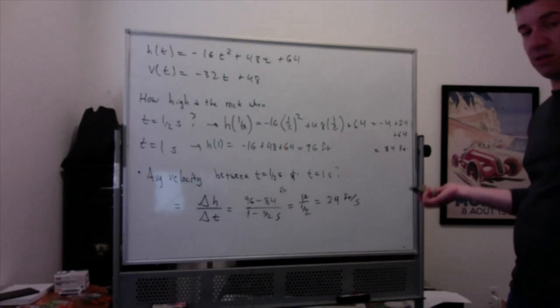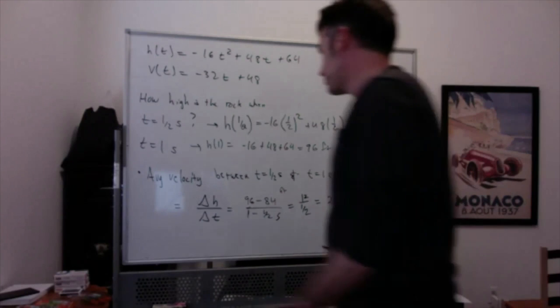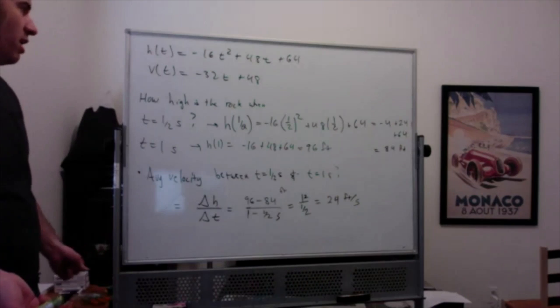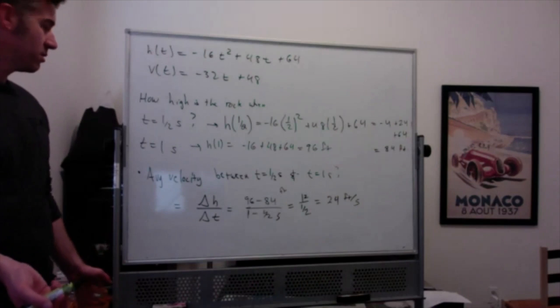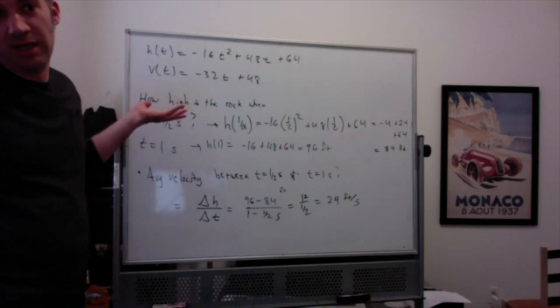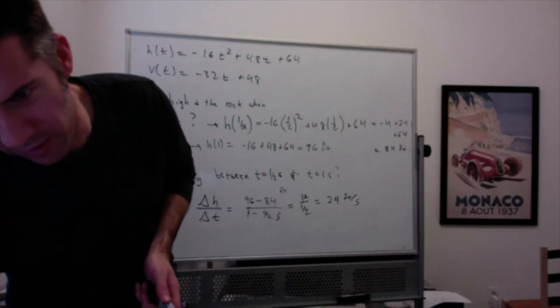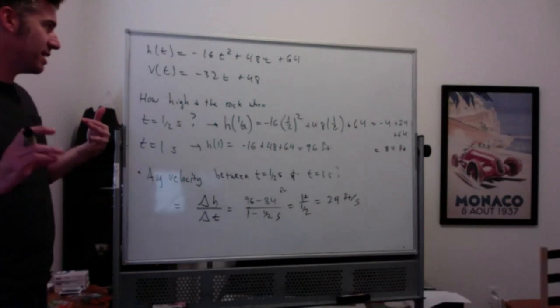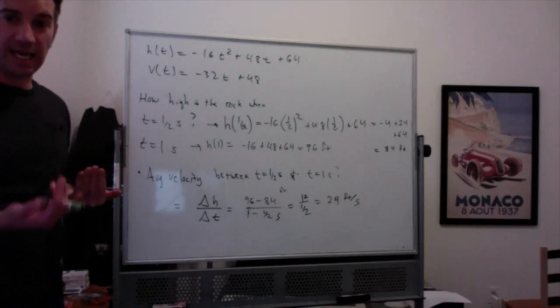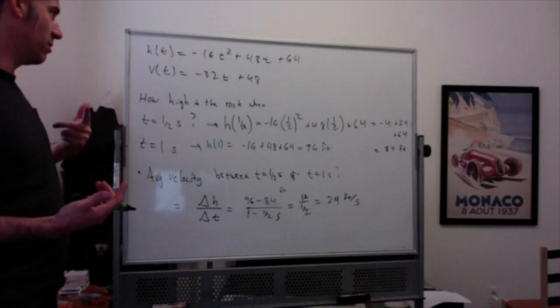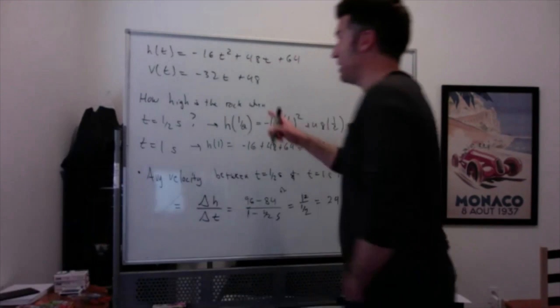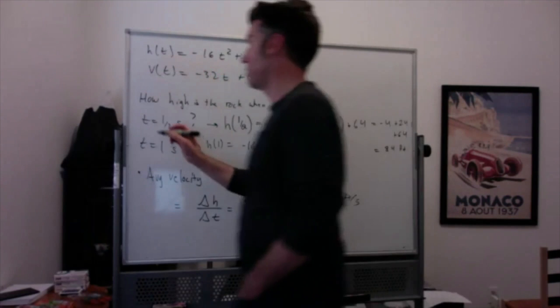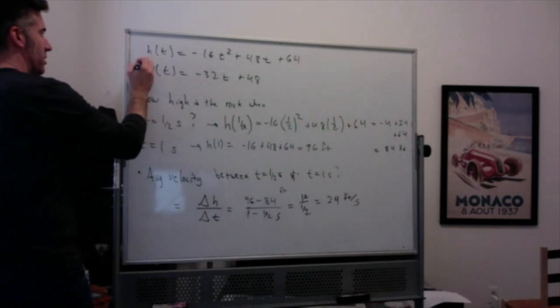Okay, that doesn't seem too unreasonable. Yeah, that makes sense to me. Does that make sense to you? Sure, yeah, that makes sense. But then I would also like to talk about the actual instantaneous speed at each of those moments. We can see that that's going to be given by the derivative, which is h prime of t.